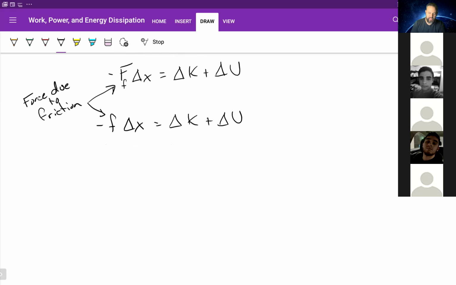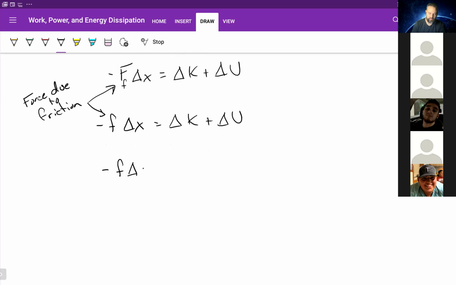And so if we expand this, then we have that negative F delta X is equal to KF minus KI plus UF minus UI. So anytime we see friction, and this can be substituted with drag as well, we just plug in our drag or our viscosity equations instead of that.